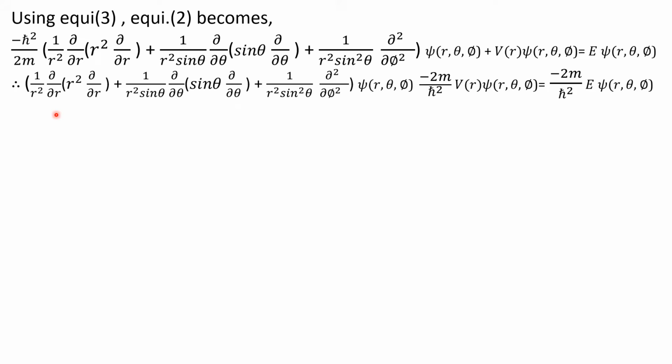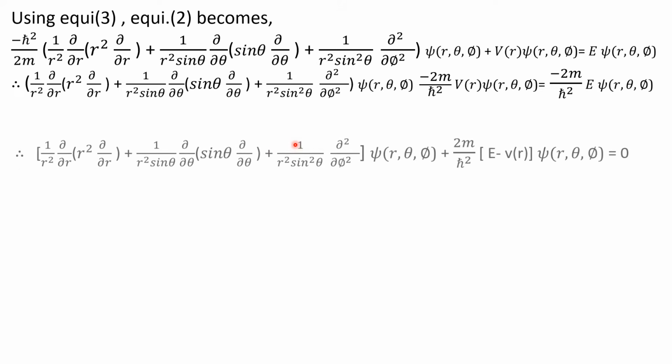The equation is 1 upon r square d by d r into r square d by d r plus 1 upon r square sin theta into d by d theta sin theta into d by d theta plus 1 upon r square sin square theta into d square by d phi square into psi r theta phi minus 2m by h cross square V of r psi r theta phi equal to minus 2m by h cross square E psi r theta phi. Now one side term we take to the other side, equating the equation to 0.